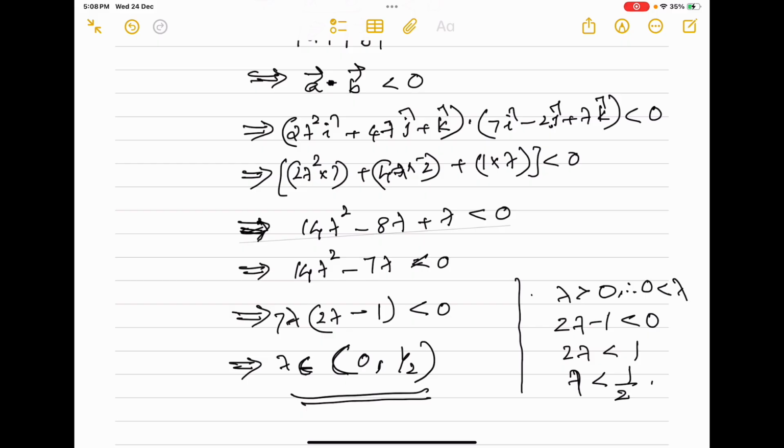Then 2 lambda less than 1. Then lambda less than 1 by 2. That is lambda is greater than 0 and less than 1 by 2. What it means? Lambda belongs to open interval 0, 1 by 2. That is the value. Value of lambda is any value between 0 and 1 by 2.